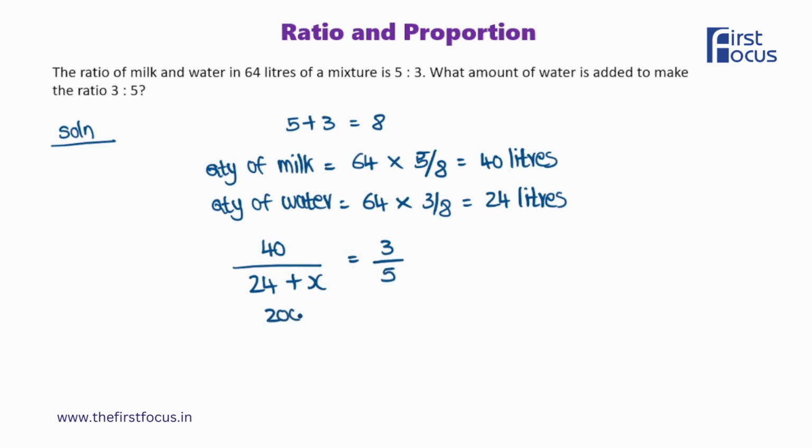On cross multiplication we get 200 is equal to 72 plus 3x, and 3x is equal to 128, and so the value of x will become 42.66 or 42 2 by 3 liters.